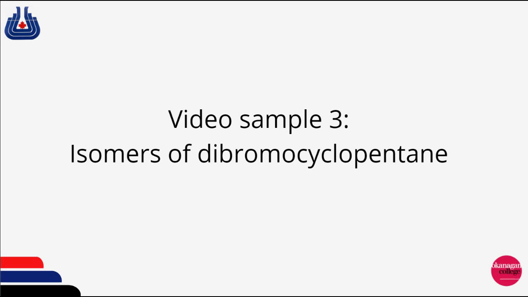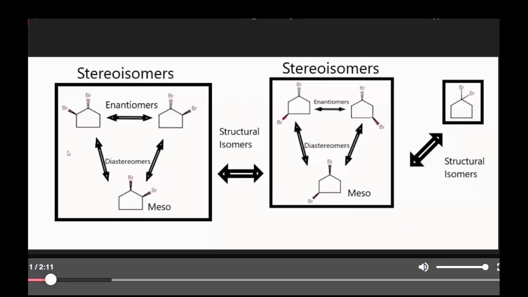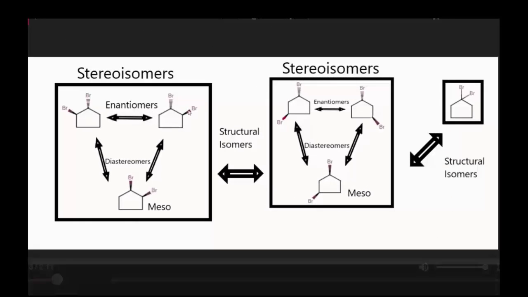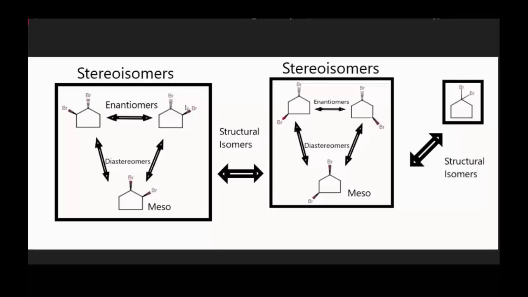In this video, the student discusses the various structural and stereoisomers associated with dibromocyclopentane. Each of these boxes have the same, obviously same molecular formula. That's what isomers are. But they've also got the same connectivity. But they're not exactly the same.